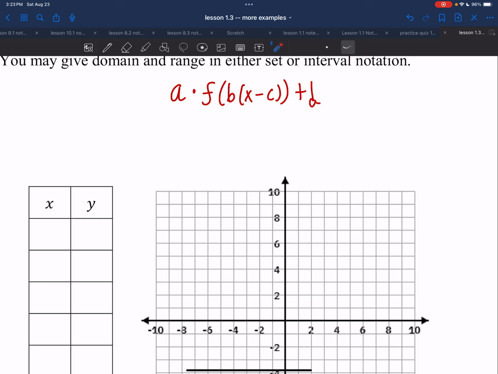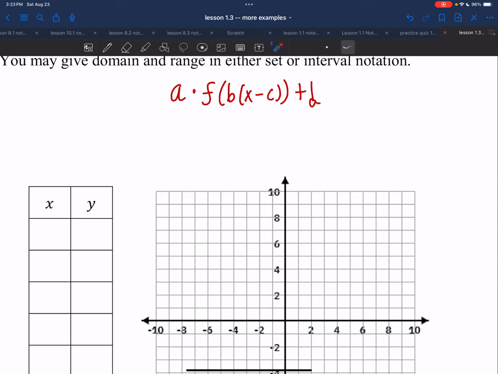If B was negative, that's also a horizontal reflection, although with a parabola, since it's symmetrical, you're not really going to see that. Something that could be asymmetrical, maybe like a square root curve, right? If you reflect that horizontally, it'll look like this. So that's what the B value does. And then this part that says x minus c moves it left and right, and the plus d moves it up and down. So those are translations, yeah?